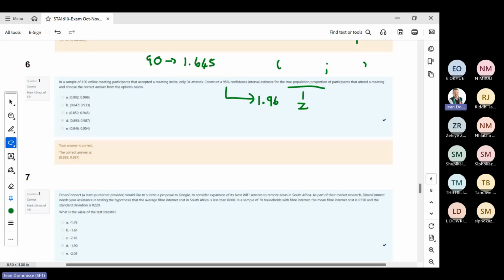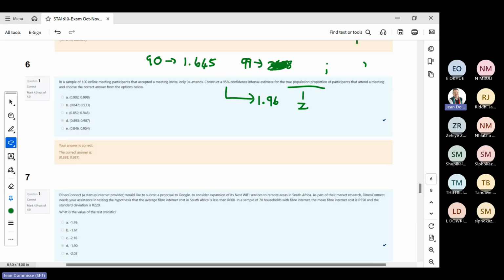And then the 99, I think it's 2,58 or something like that. The 99, I don't always remember that great, but I think it is 2,58 or something like that. So let's just cross that out.